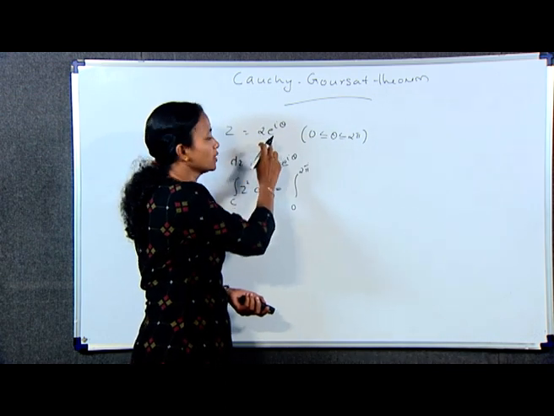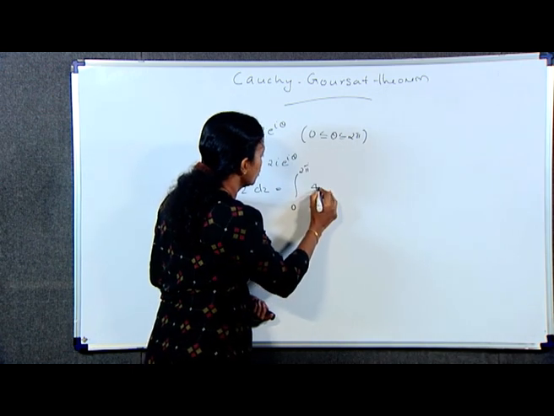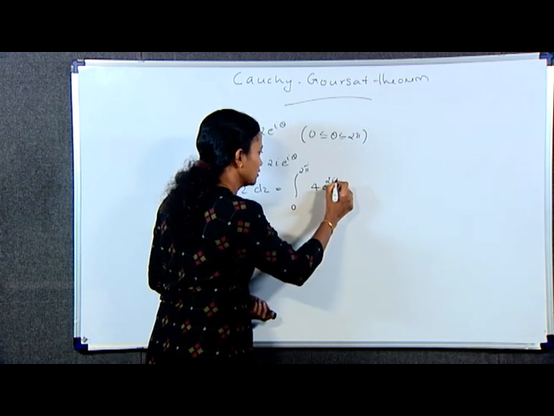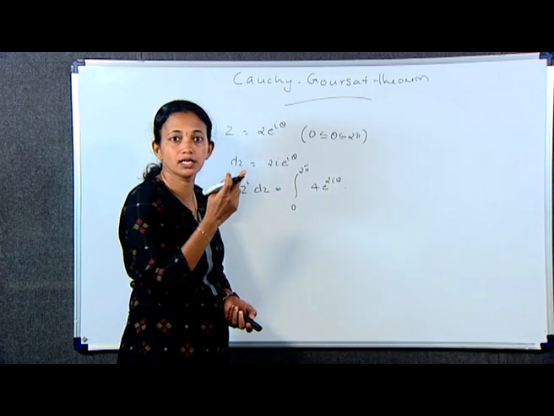Here our z is 2 e raised to i theta, so z square is 4 e raised to 2 i theta, and dz is 2 i into e raised to i theta.